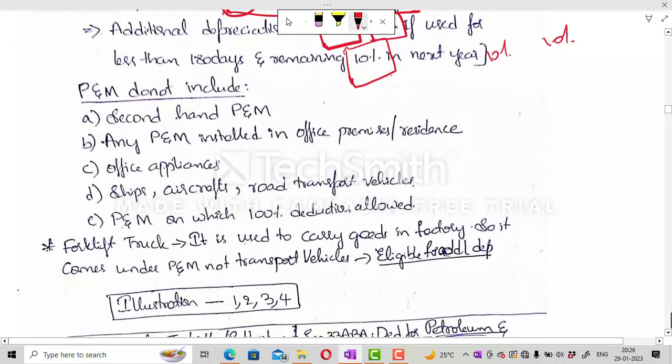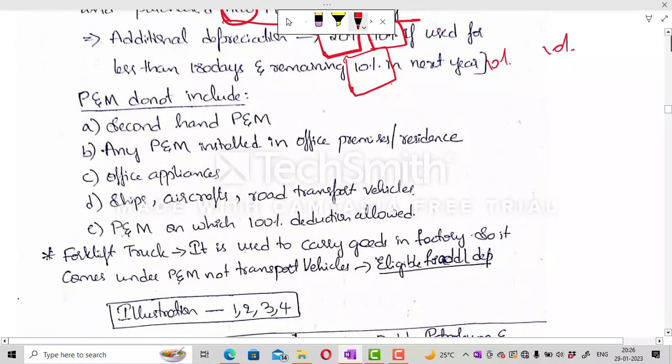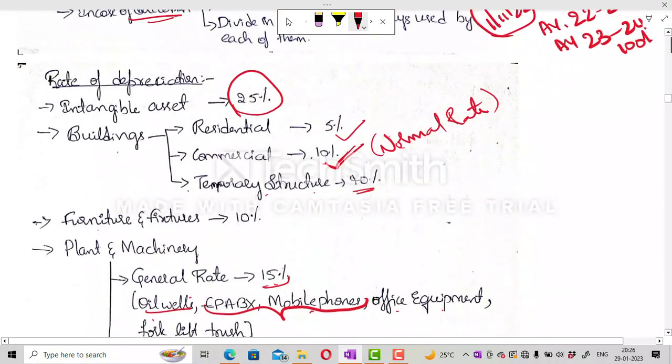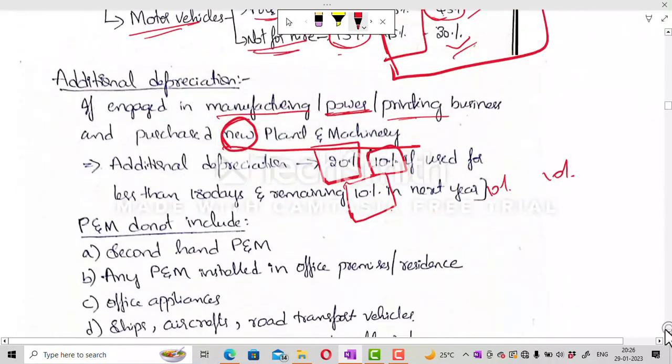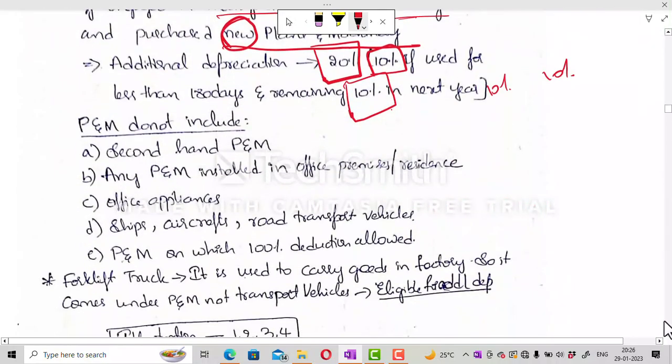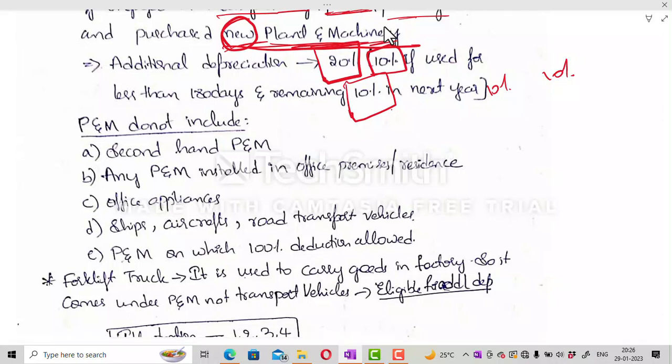And I told you depreciation is available for purchasing new plant and machinery, but that will not include second hand plant and machinery. Any plant and machinery installed in office premises or residence, like AC, we cannot take on that.